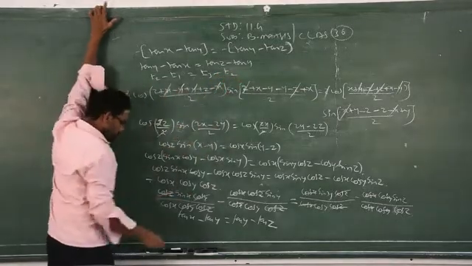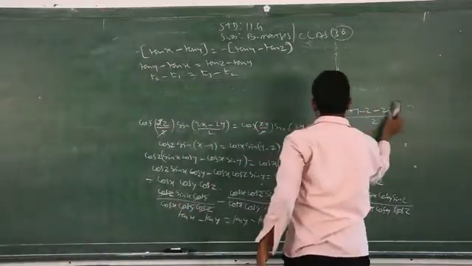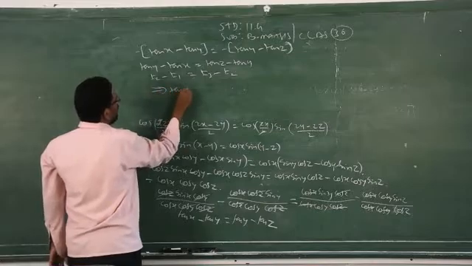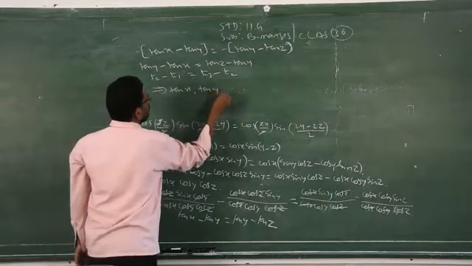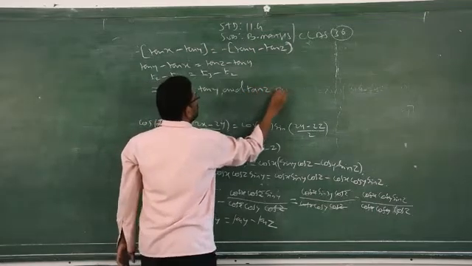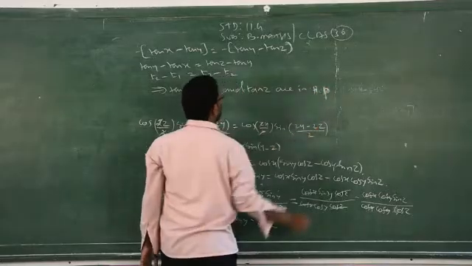So once you prove this, then you may say the given sequence, that is tan x, tan y and tan z, are in AP. Clear? So that's all. Hence the proof.